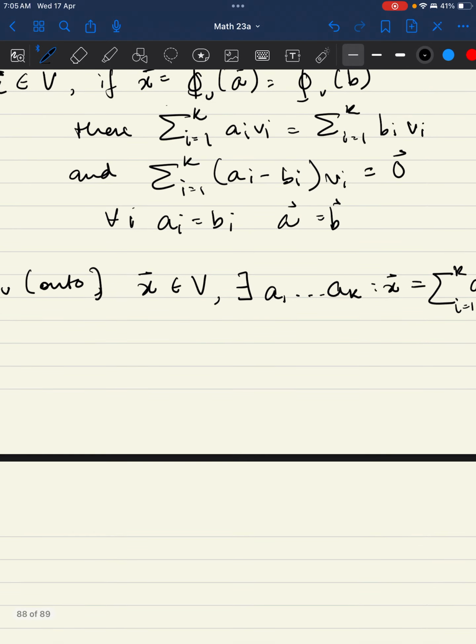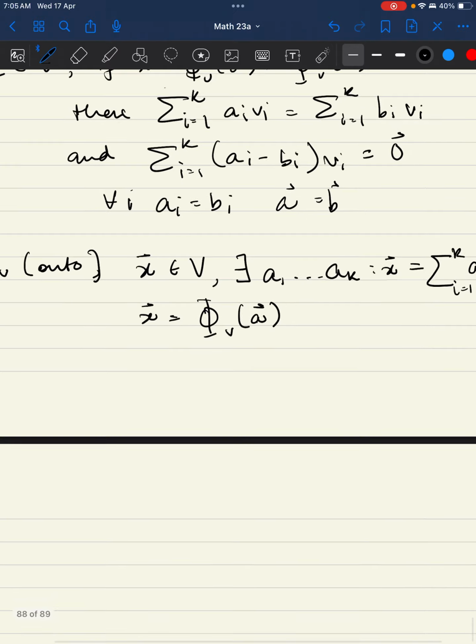So this is essentially the same as writing x. That vector x is the transformation phi V of the vector a.